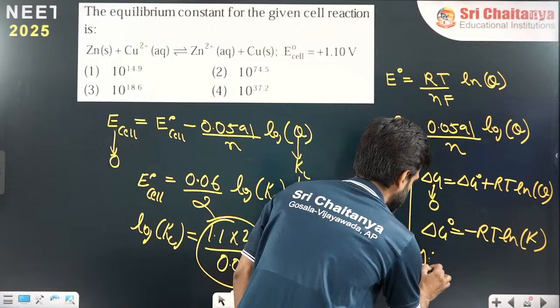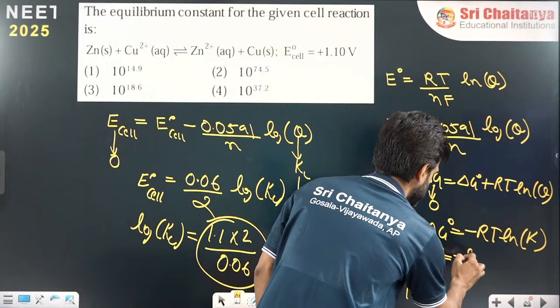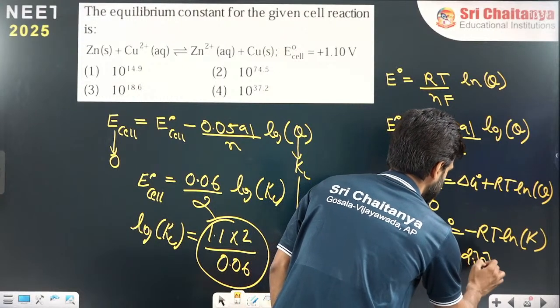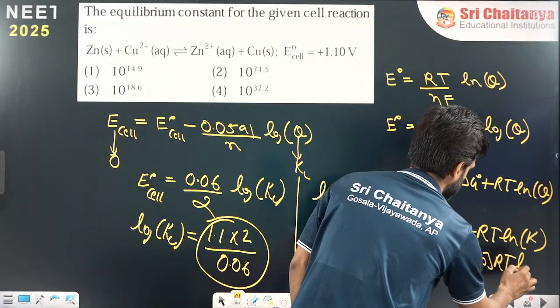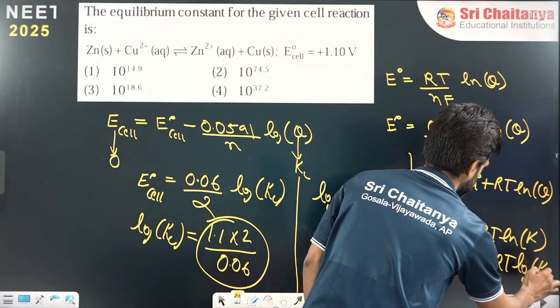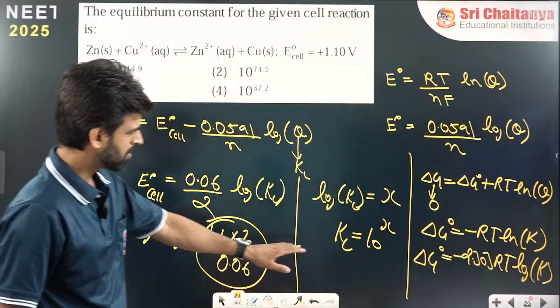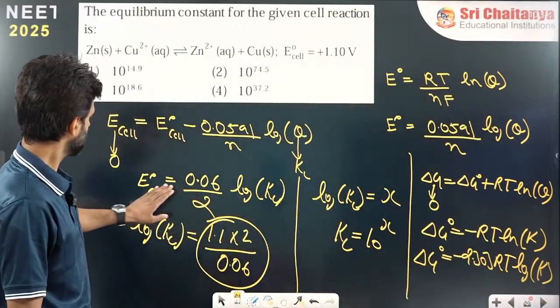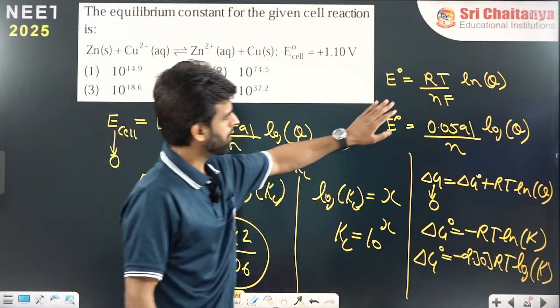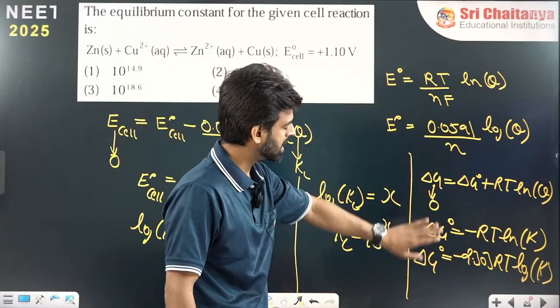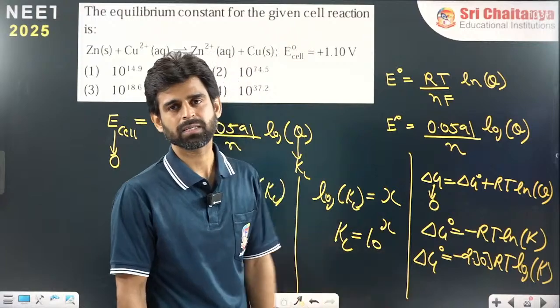Or you can say delta G naught equals minus 2.303 RT log K equilibrium. This is the same relationship, coming just by solving each other, because delta G naught is minus nFE naught.